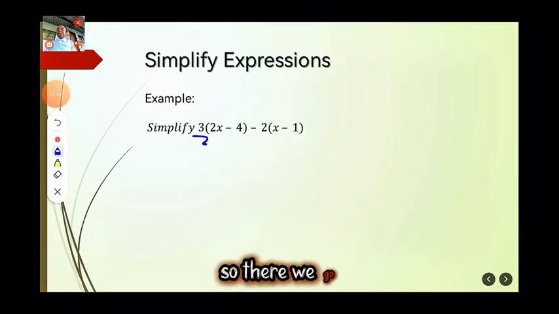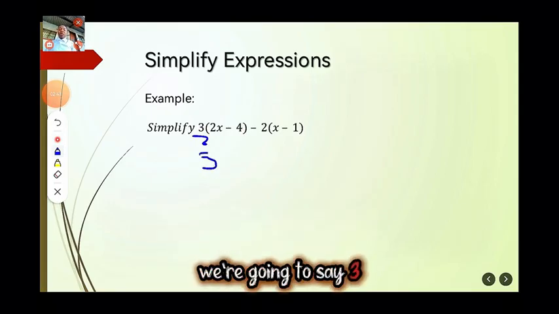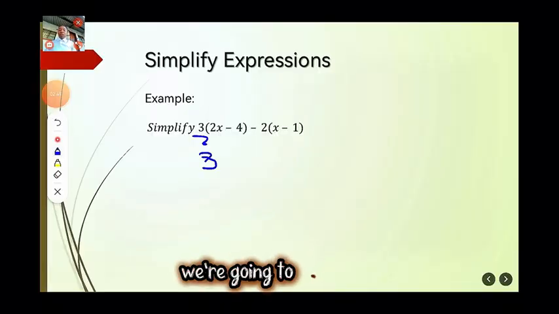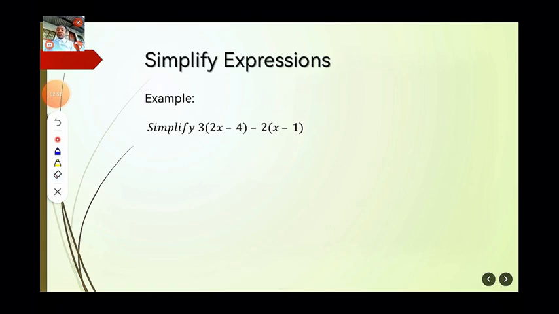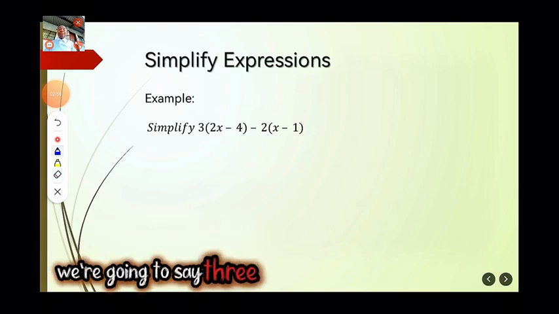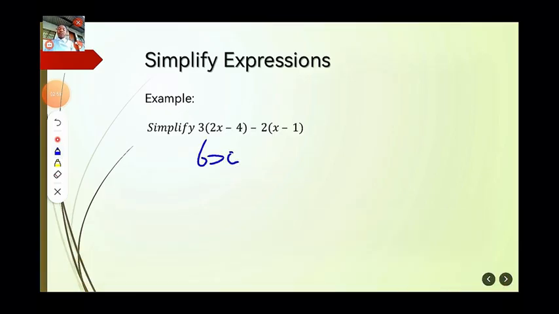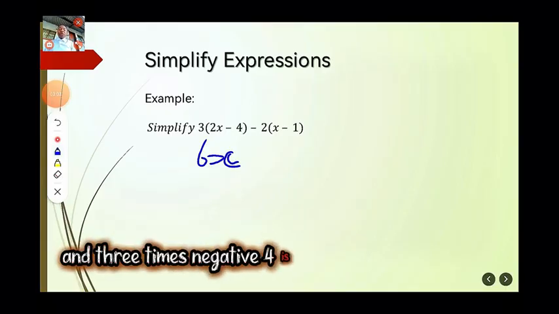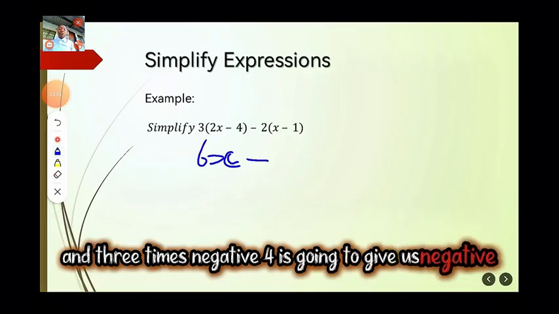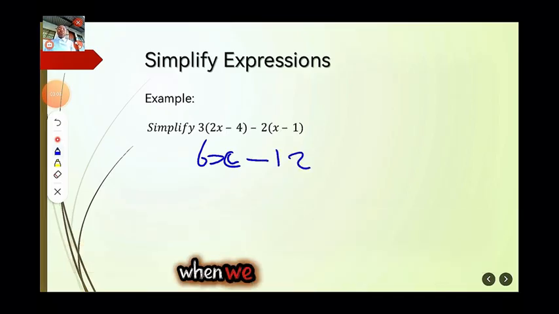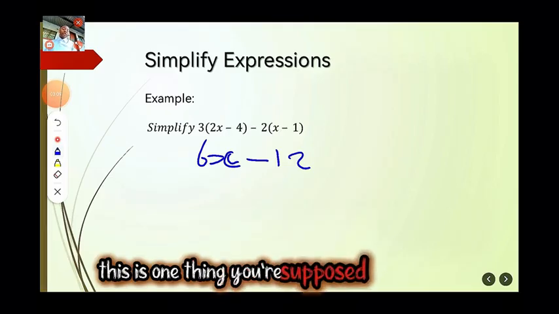So, there we go. We're going to say 3 times 2x is going to give us 6x. And 3 times negative 4 is going to give us negative 12. When we come to signs, this is one thing you're supposed to take note of.